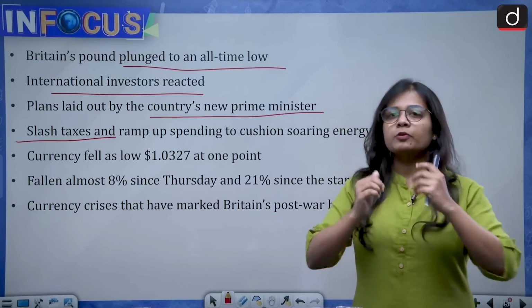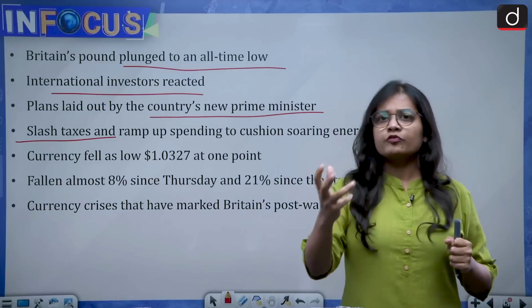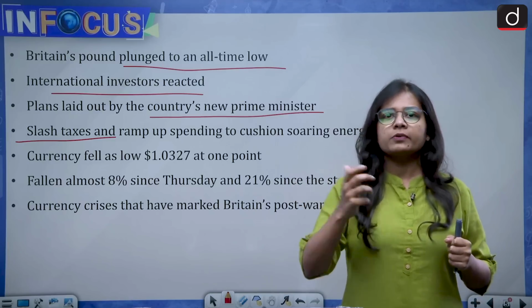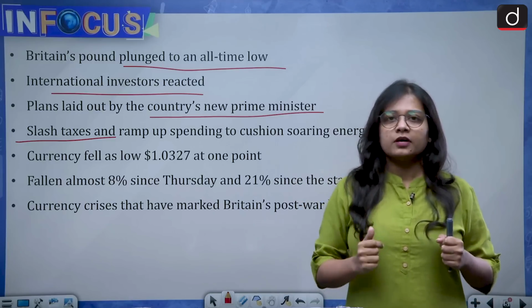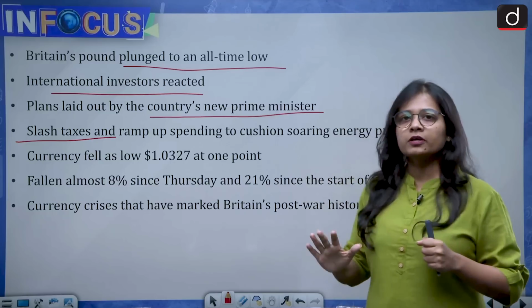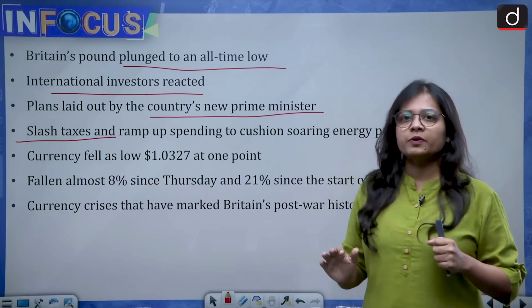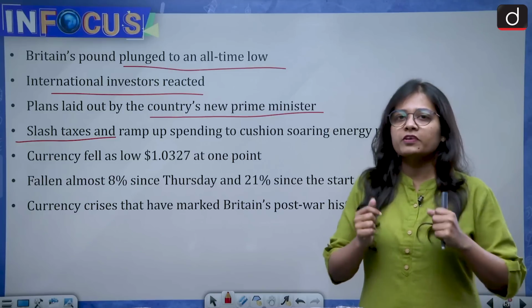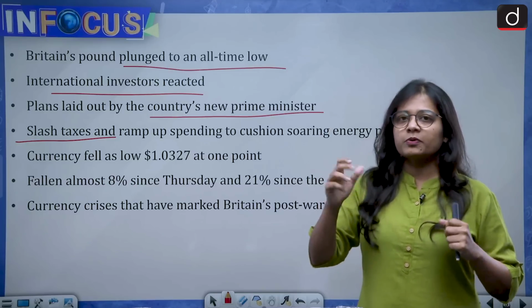Take the example of yourself: if you have to pay 10% tax on your income, and the government reduces that slab to 5%, then you only have to pay 5% tax, and the remaining 5% is in your pocket.